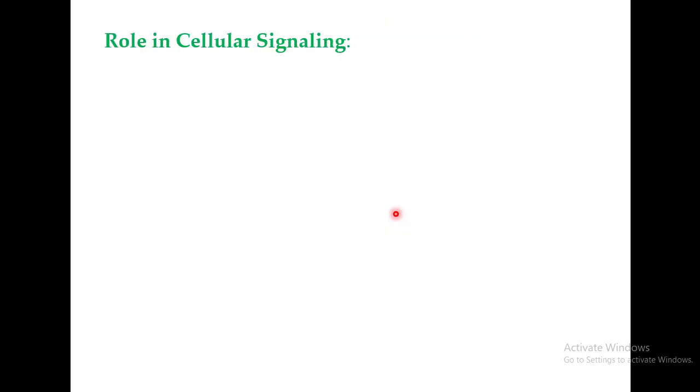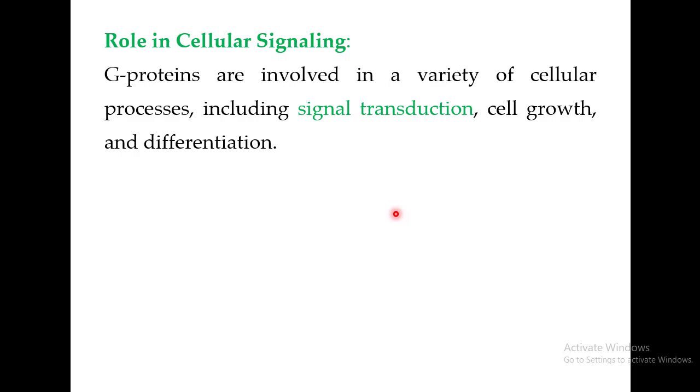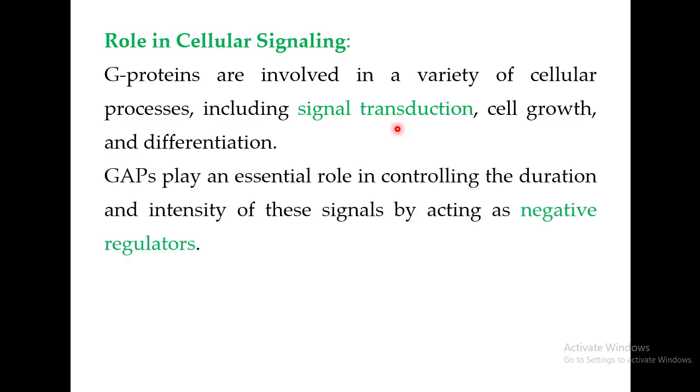Now, why is this important? Because these G proteins are involved in a variety of cellular signaling processes like signal transduction, cell growth, and differentiation. What these GAPs do is that they play an essential role in controlling the duration. Now, this is very important, because for how much time you need the activity of a particular GTPase matters.